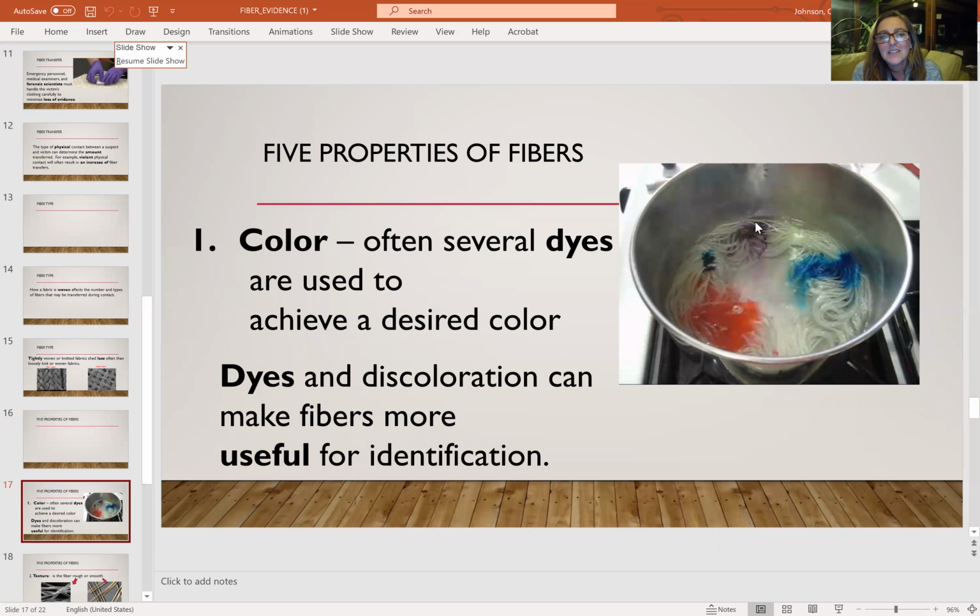Dyes and discoloration can make fabrics more useful for identification. A forensic scientist can take a fabric that has been dyed. They can put it through a spectrometer, and it will actually pull out the different colors that are used to make that shade of red.